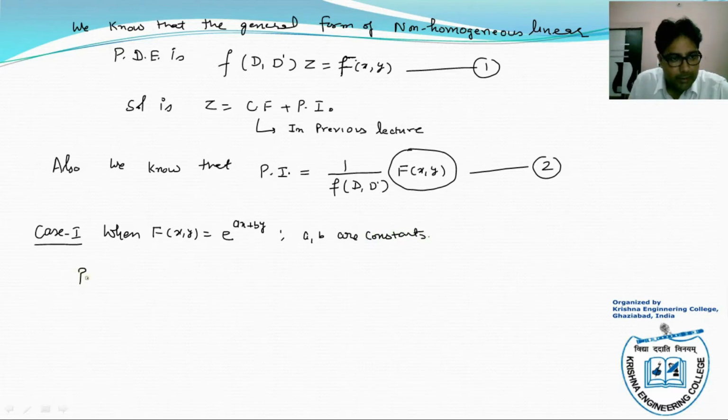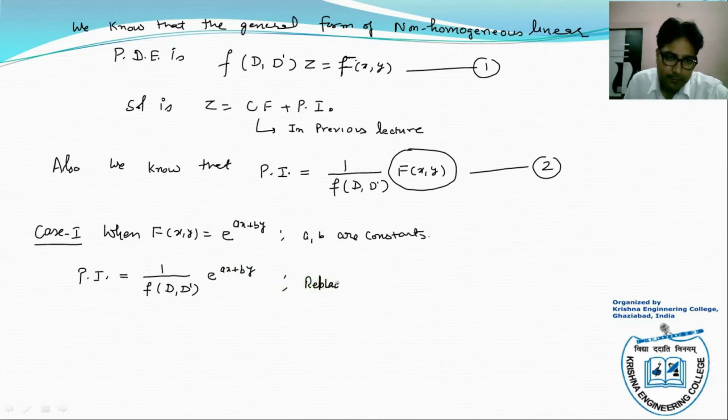So PI in this case is 1 upon f D comma D dash e to the power ax plus by. For finding the PI, replace D by the coefficient of x, which is a, and D dash by the coefficient of y, which is b.